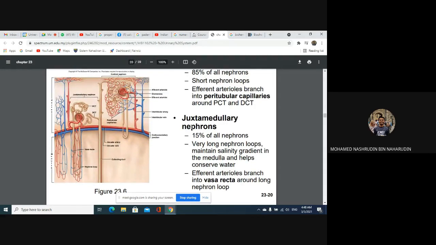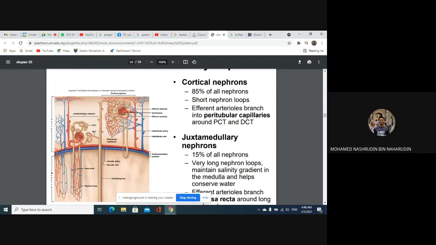The juxtamedullary nephron is located slightly below the cortical nephron. It consists of just 50% of the nephrons. They're located quite deep in the renal pyramid.